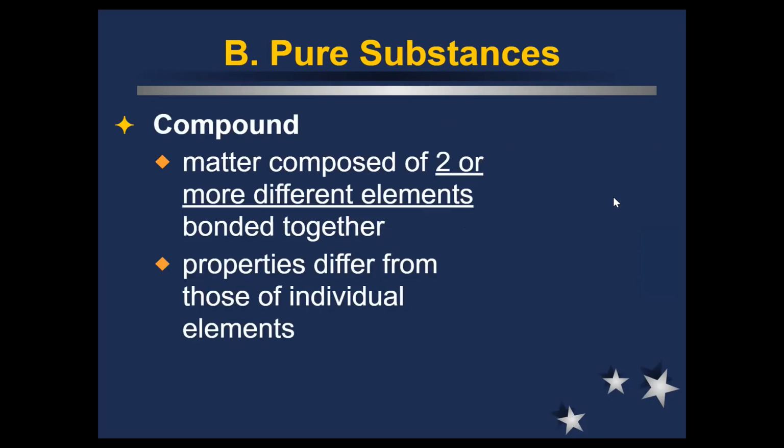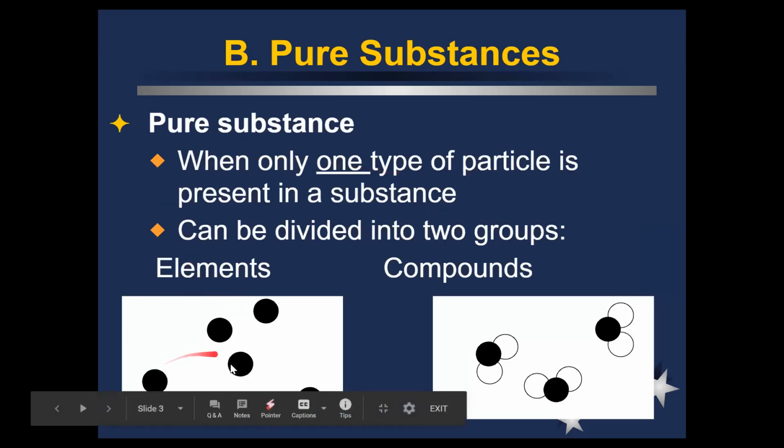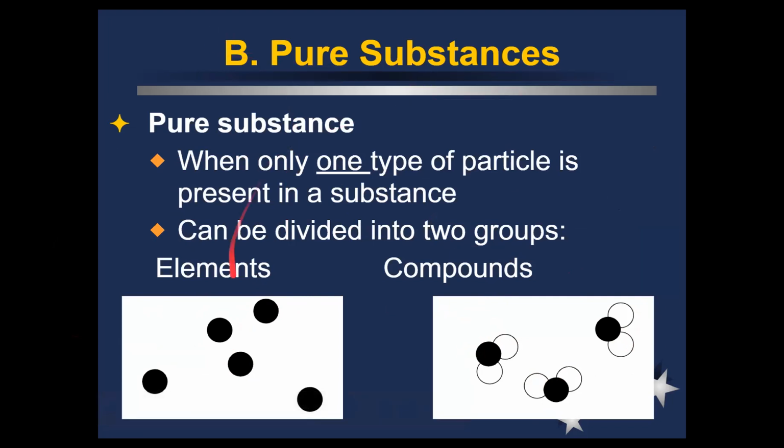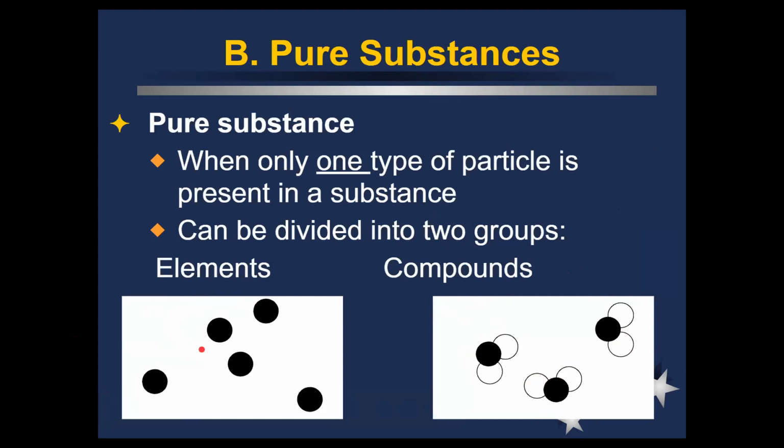All right, so if we go back to review, just really quick, again, elements, single atoms on their own, grouping together to form a structure. Compounds, different atoms that are bonded together, but they still both fall under the category of being a pure substance if they are the only thing present in that matter.